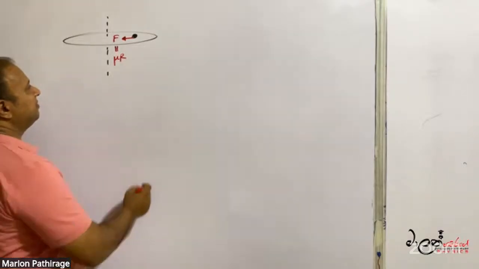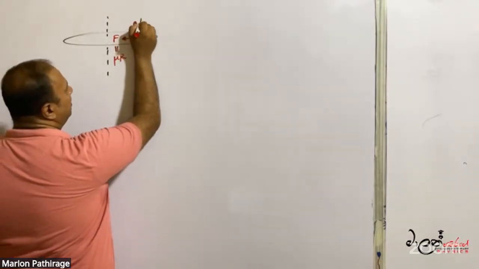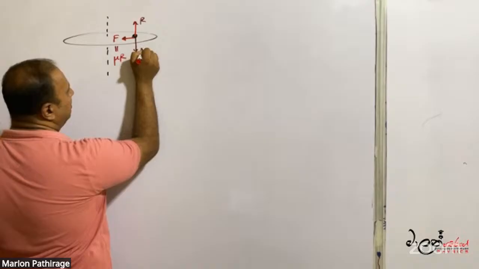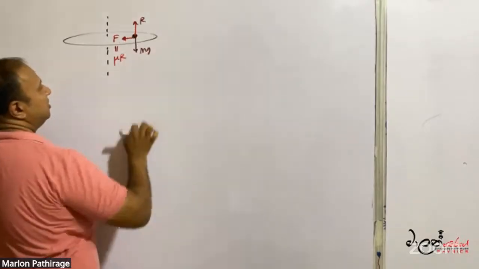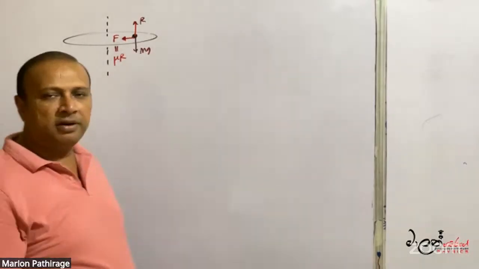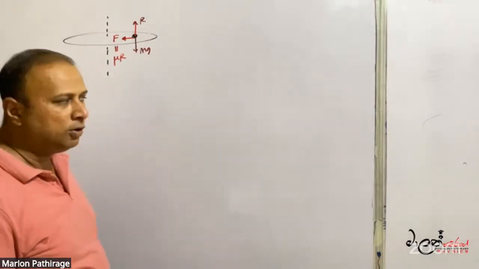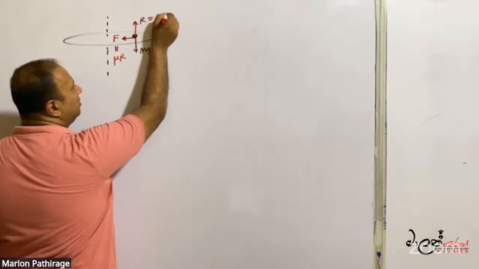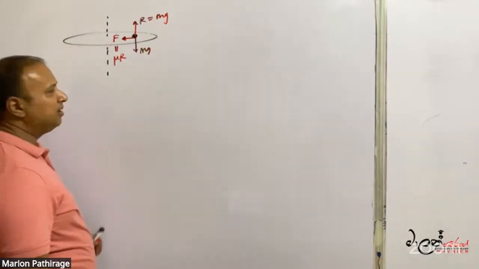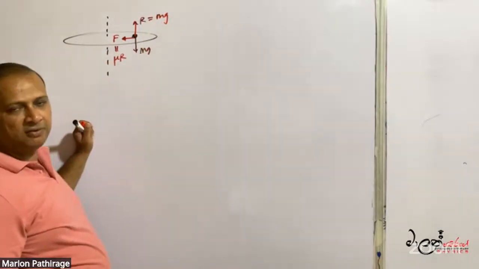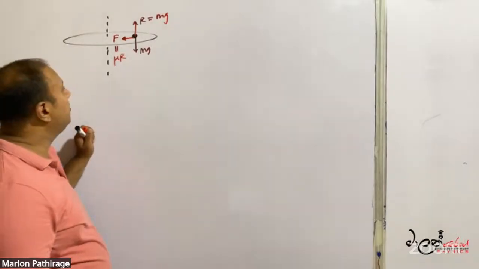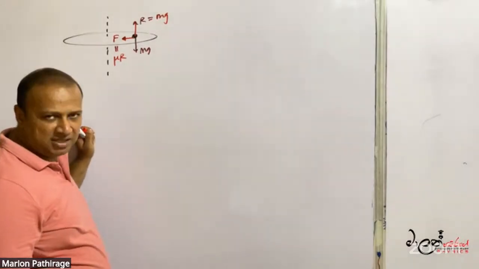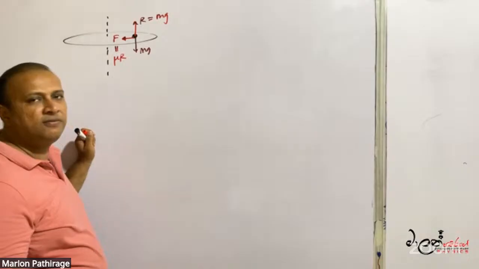This perpendicular reaction R should be equal to mg because there is no motion in the vertical direction. Therefore, friction force is equal to mu R, which is mu mg. So that is the centripetal force.